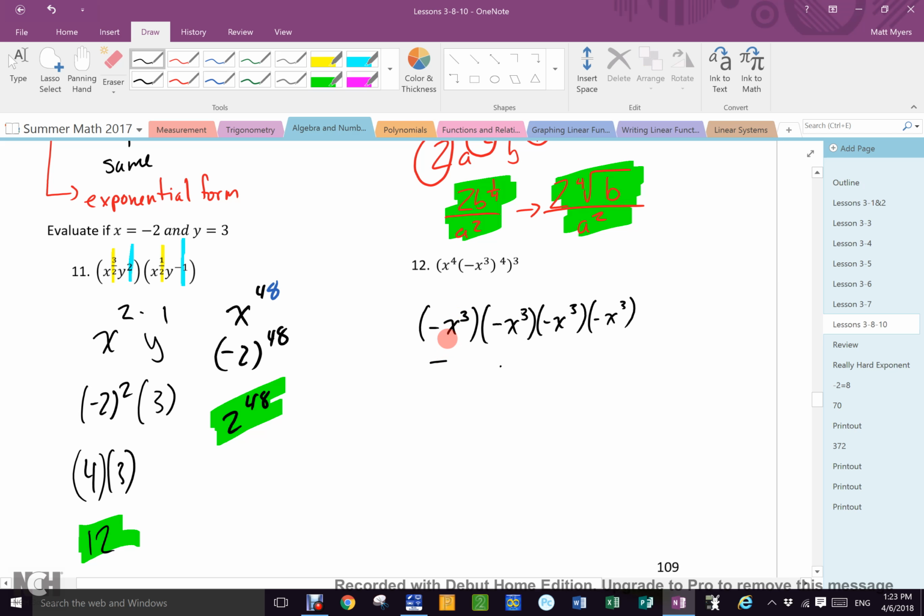That would be a negative, wouldn't it? Negative times a negative is positive, times another negative is negative, right? What would that one be? Negative. What would that one be? Negative. What would that one be? Negative, right? Negative times a negative is what? Positive. Positive times a negative is what? Negative. Negative times a negative is what? Back to positive. Does everybody understand?